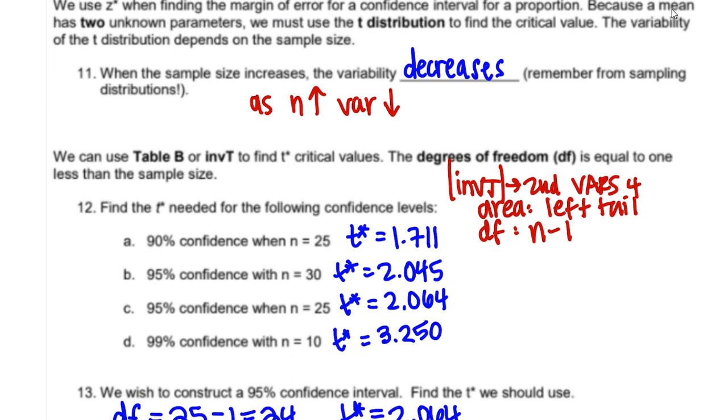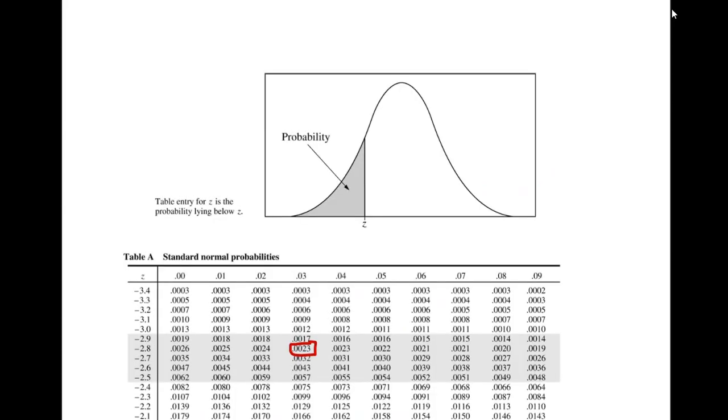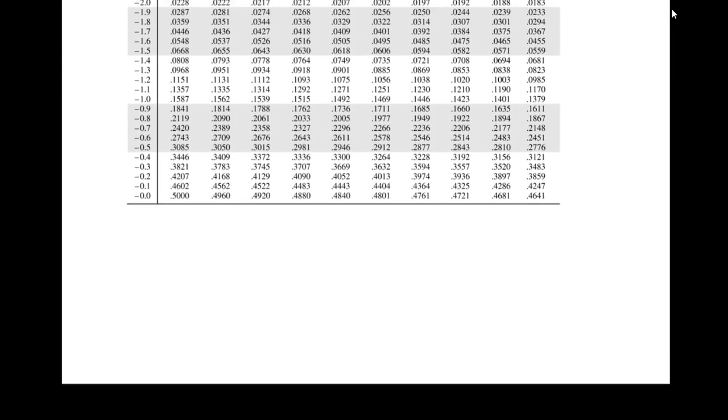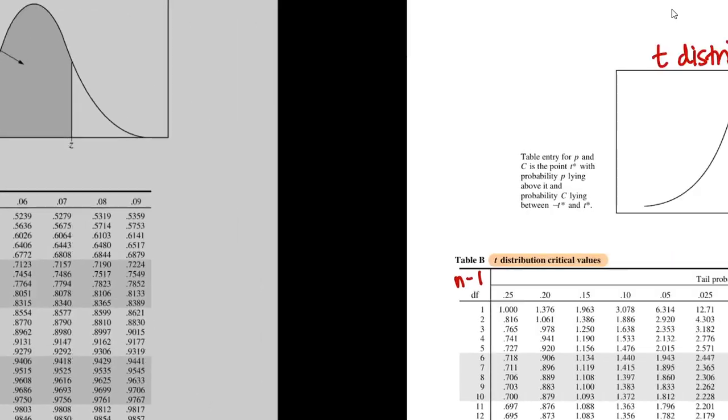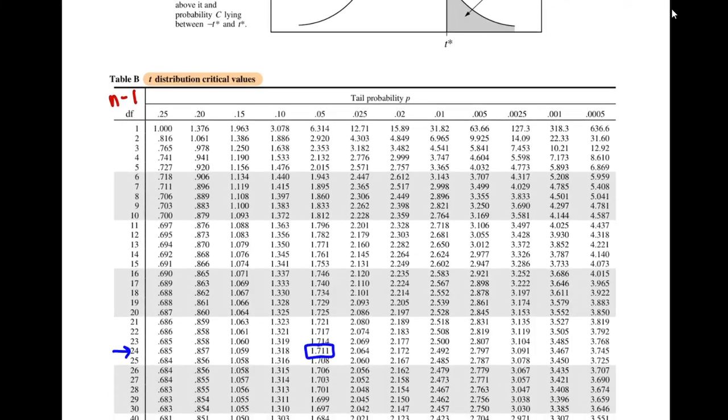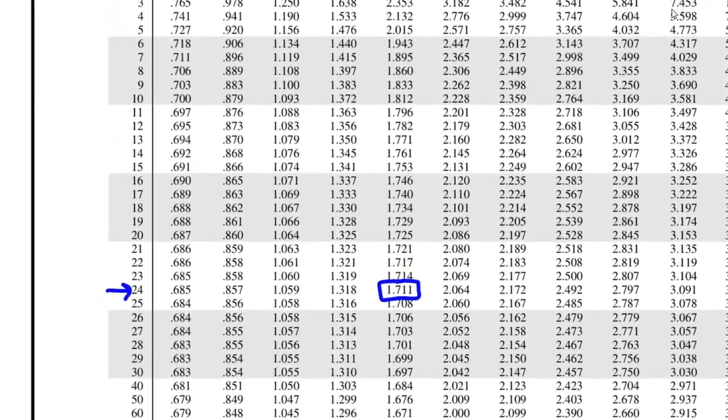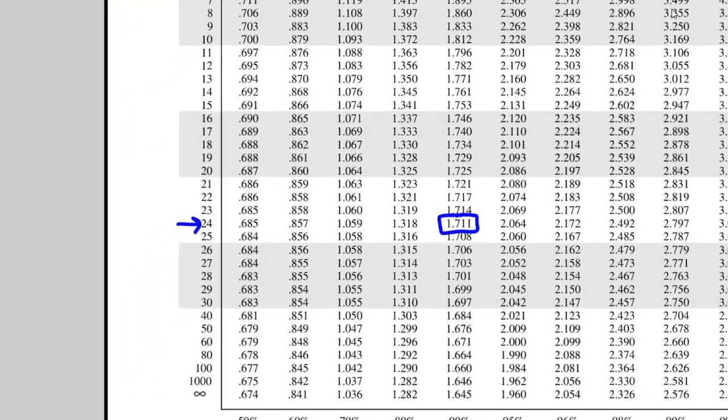Table B does have a little bit of a drawback in that, notice not all DFs are there. So when the DF, like let's say I had a sample size of 35, then my DF would be 34, and 34 is not in there.